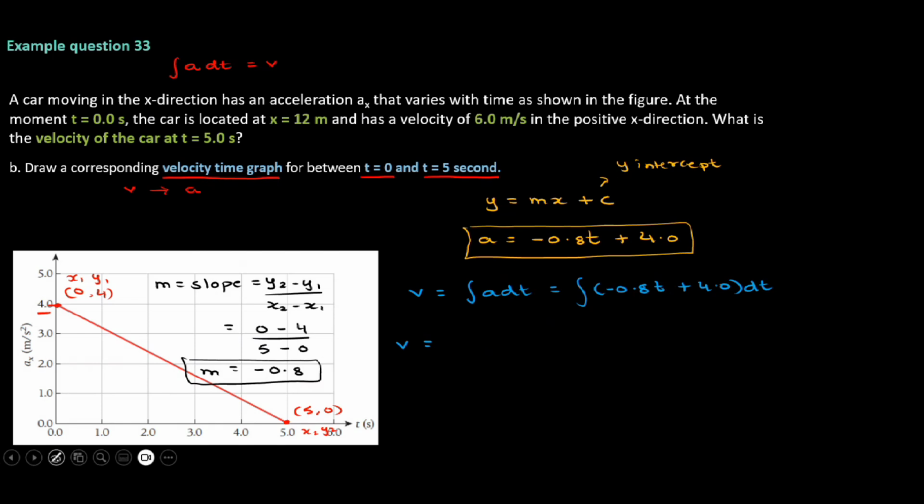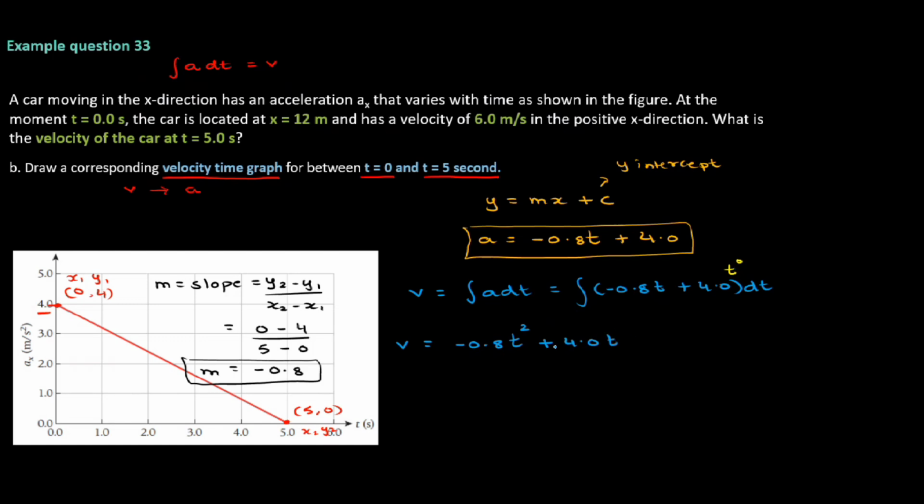In the term where there is no t, where you have a constant like this one, you take the power of t as 0. After you identify the power of t, increase the power of t in each term by 1. So this will become negative 0.8, t to the power 2, plus 4, t to the power 1.